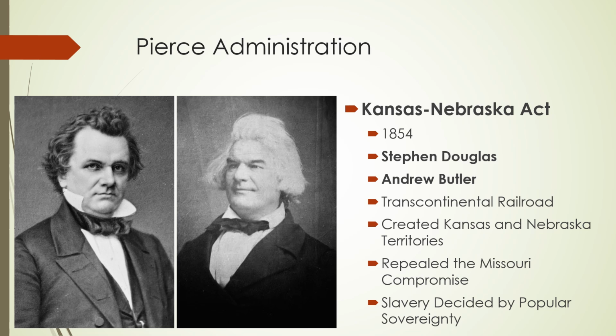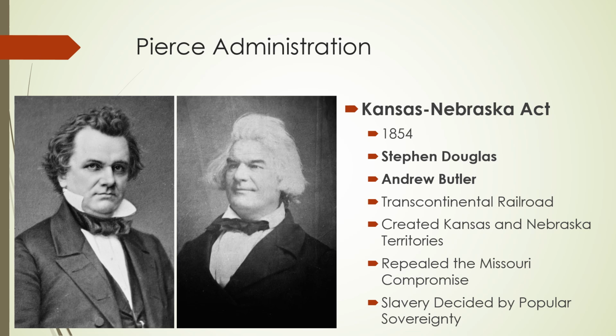But here's where it gets catchy, because he says these new territories will get to decide the issue of slavery by popular sovereignty. So in other words, Kansas could vote to be a free state, or it could vote to be a slave state. Obviously, this creates the potential for a new slave state, which the South would like and would support.